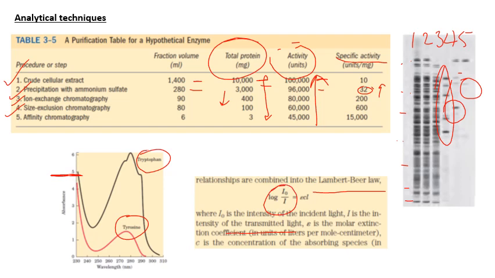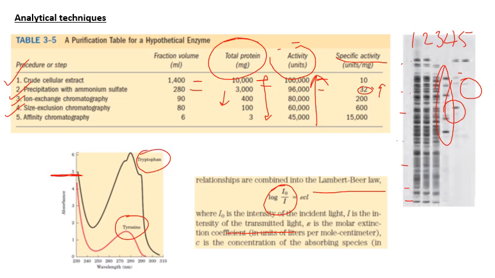The ratio of that is directly proportional to the concentration, which is C here, the concentration of the protein. And then you have constants, which is epsilon, which is specific to a given protein, and L is the length of the cuvette in which these measurements are being made.